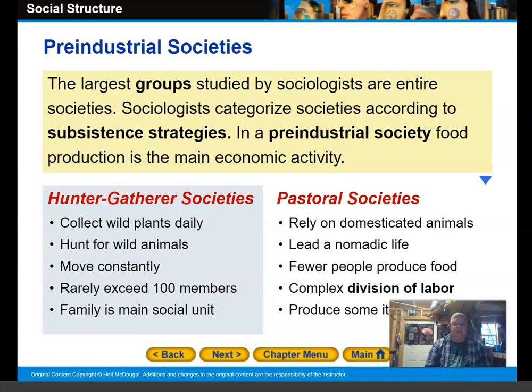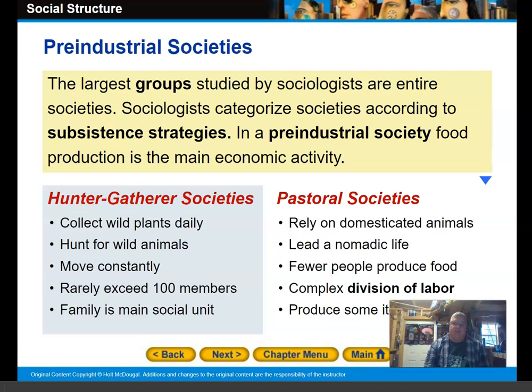These kinds of societies can rarely exceed over 100 members because hunting and gathering is a very difficult thing to do with numbers above that. Family is the main social unit. The family is what makes it possible for the work to be done efficiently and effectively.